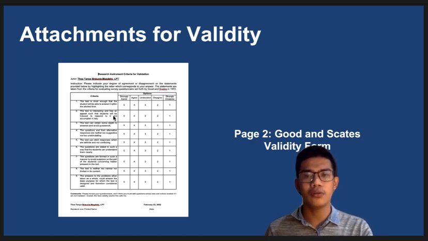So you have to allow your validators to fill out, encircle or highlight the rating of your survey questionnaire in these forms, and make sure that they have signed this form after. Okay? They will give it back to you with their signature and with their rating.